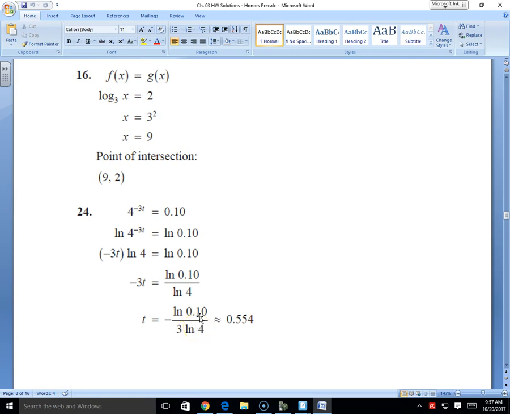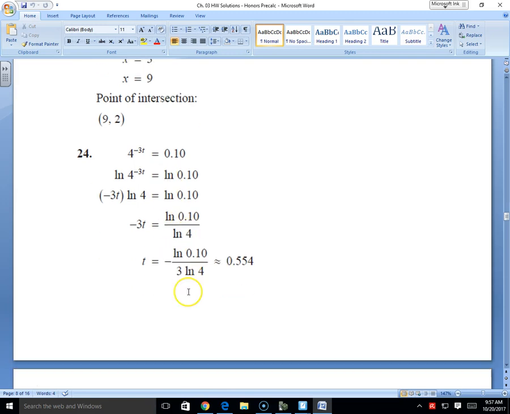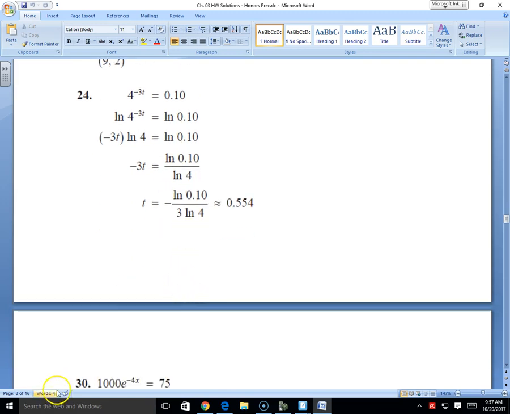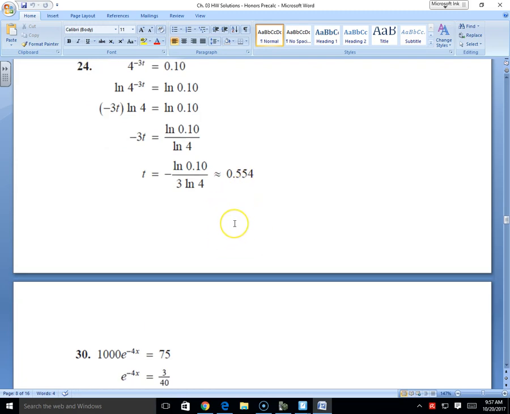That's kind of gnarly. It just would have looked very different, but your decimals should have been the same. They used ln because ln is more natural anyway, and we talked about that a little bit also. So anyway, 0.554. If you did not find decimals, write down 0.554 and check it later to see if you're right or not.